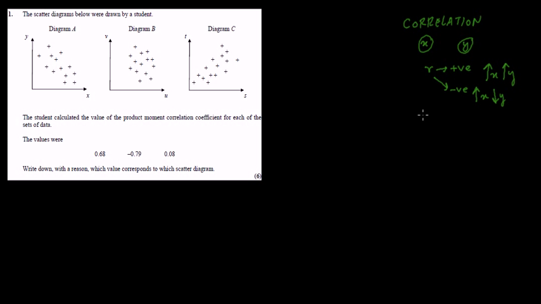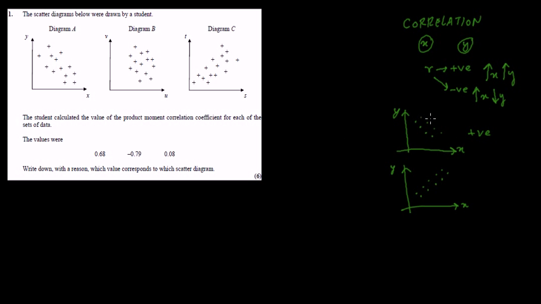Now this can be expressed in the form of a scatter diagram. A scatter diagram is nothing but the 2 values plotted. So suppose this is X and this is Y, and if you plot them and they're just going down, then we call it a positive correlation. If the scatter diagram is going up, as X increases, Y is going up. As X is increasing, Y is going down.